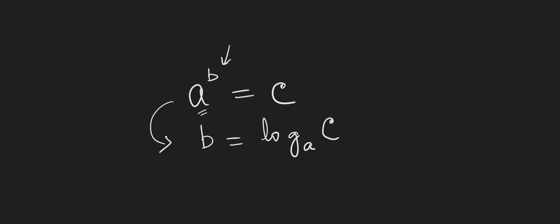So we could always write an exponential equation into a logarithmic form and a logarithmic equation into an exponential form, right? So if we are given b is equal to log c base a, we can write it back as a to the power b is equal to c.